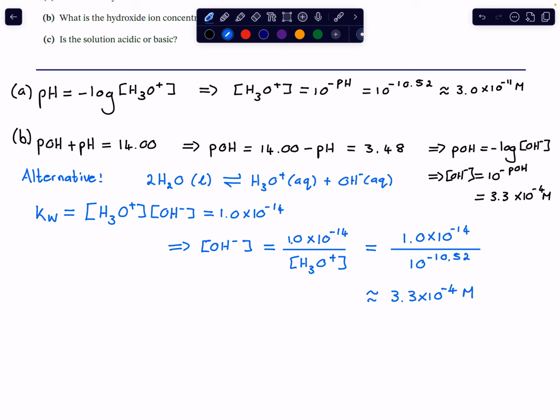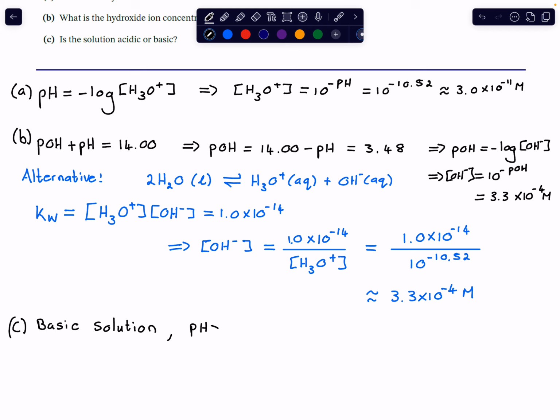All right, so the last question, let me jump the gun on what the point of this question is. It asks, is the solution acidic or basic? So the solution is highly basic. It's a basic solution. Why?